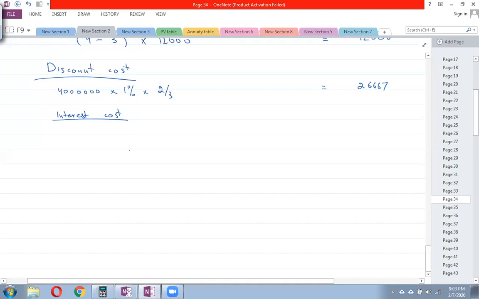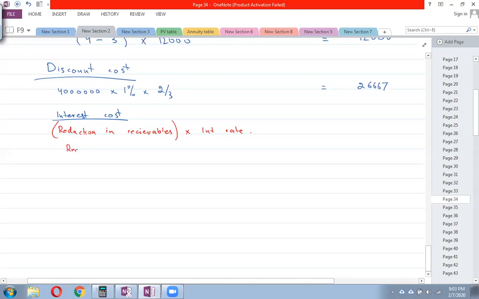So instead of receivable multiplied by the interest rate, you'll say reduction in receivables multiplied by the interest rate, right? Reduction in the receivables.